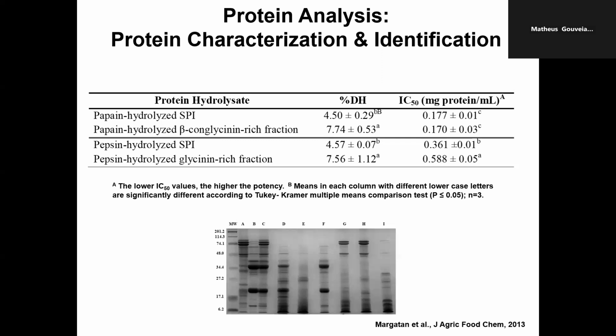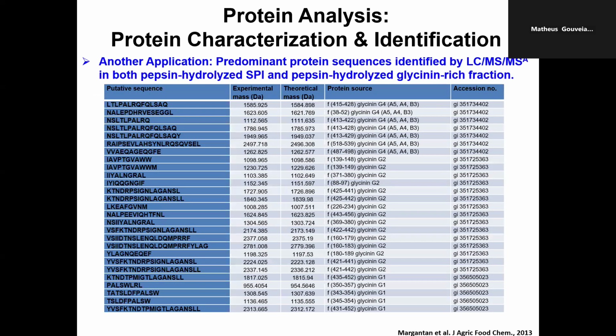I got good inhibition, similar inhibition, and I used LC-MS-MS. What am I looking at here? We took the peptides of SPI hydrolyzed directly, and also in this case, glycinin hydrolyzed with pepsin, and we found all these peptides in both the hydrolyzed SPI and the hydrolyzed glycinin.